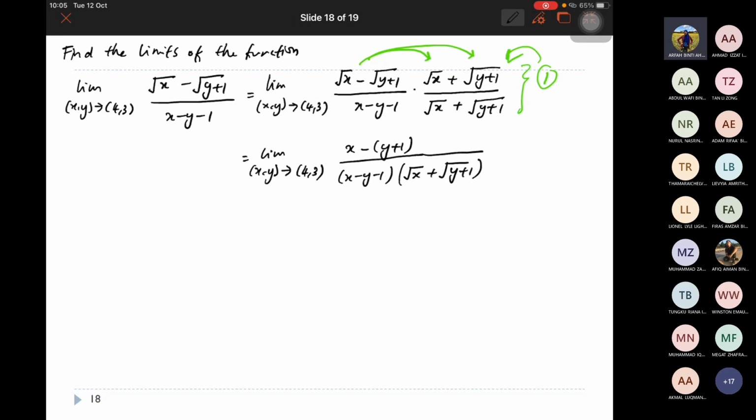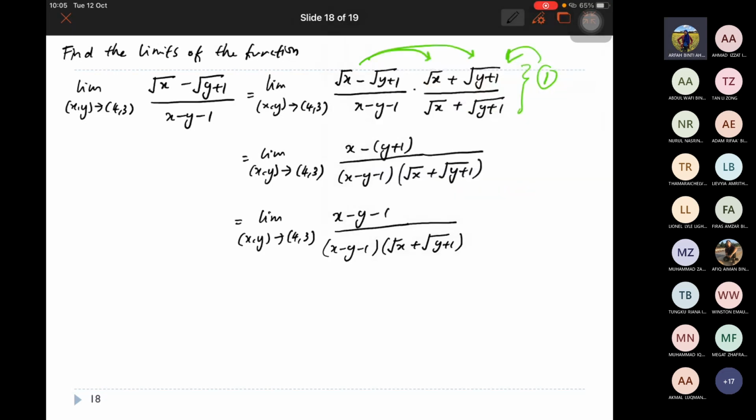Daripada sini dia akan sama dengan limit of xy approaches 4, 3 x minus y minus 1 over x minus y minus 1, square root x tambah square root y per 1.